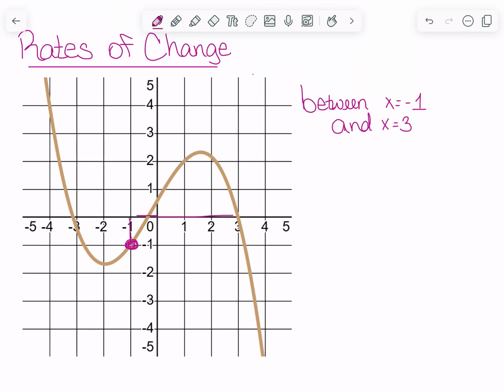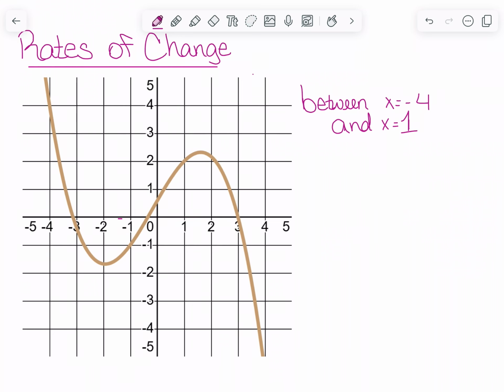If I go over to 3 on the x-axis, then I can see that my y value is 0. So we do the change in the outputs, we subtract the y's, divided by subtract the x's. When I do that, I have 0 minus -1 divided by 3 minus -1, which simplifies to 1/4. So my average rate of change between -1 and 3 is 1/4.